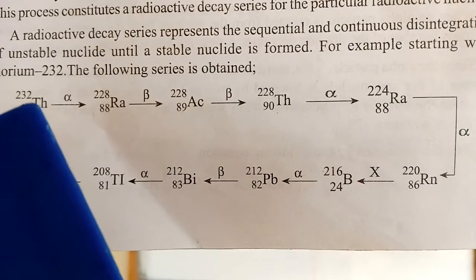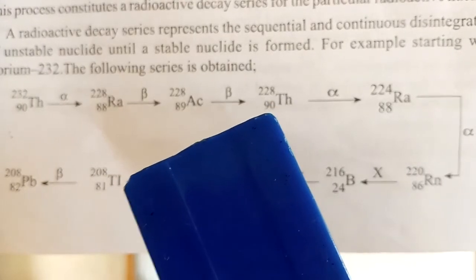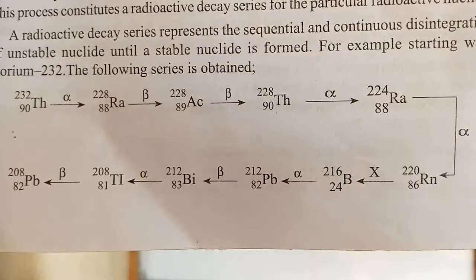So this was thorium 232, forming another isotope of thorium, that is thorium 228.